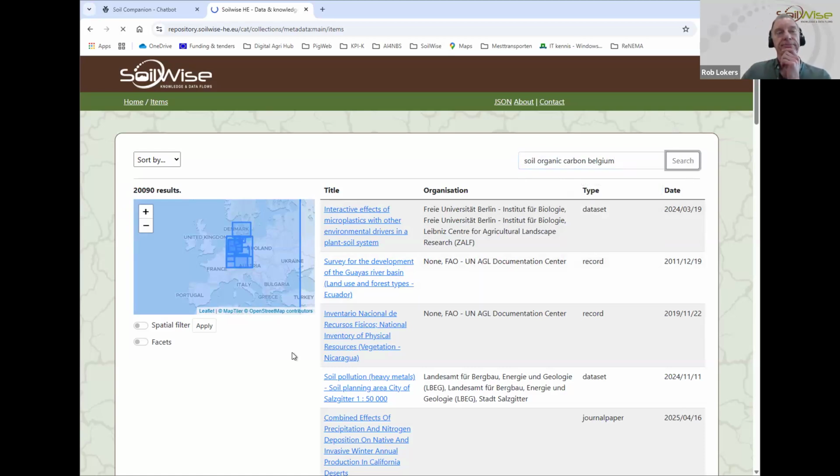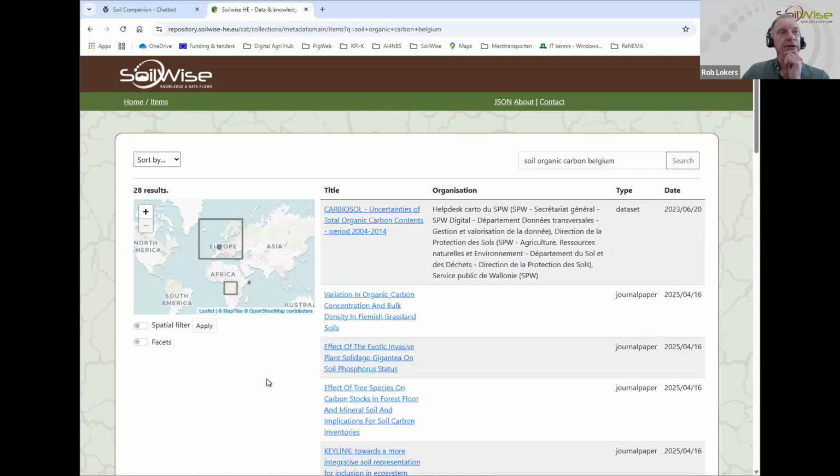If I search for that, I only have 28 results left, which is a bit more manageable. If you're looking for specific data or documents or other material on soil health, in this case soil organic carbon for Belgium, you'll find something like this.